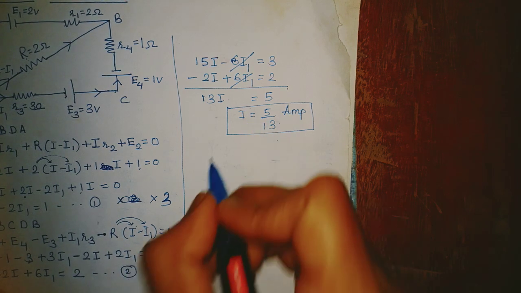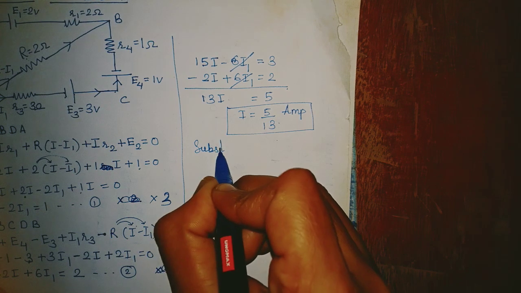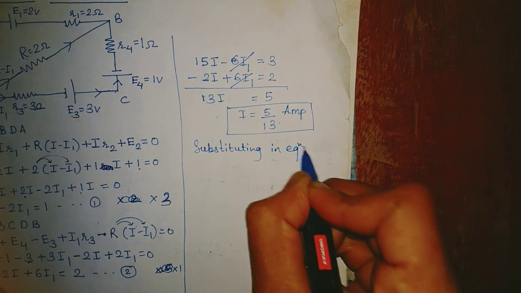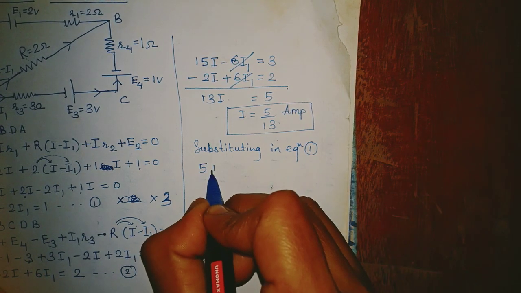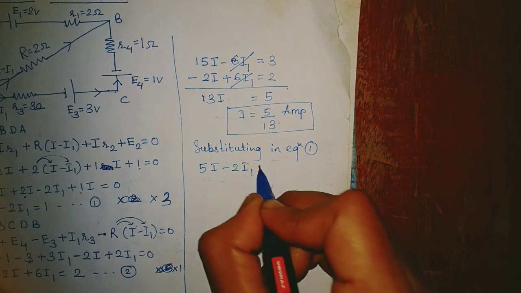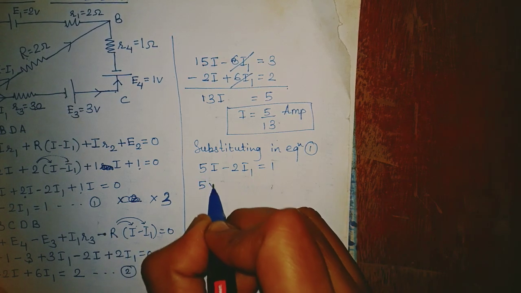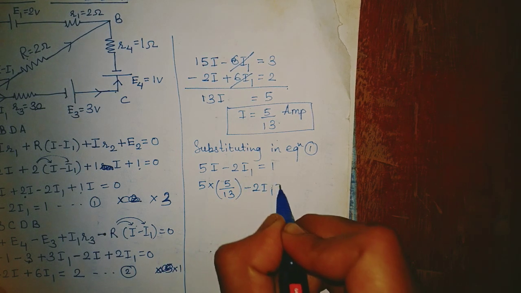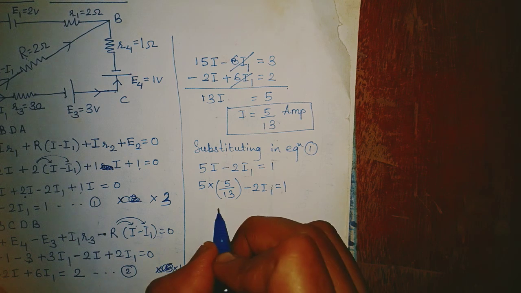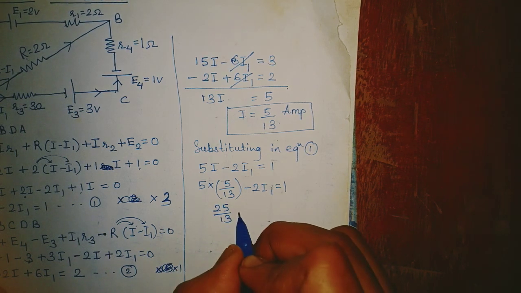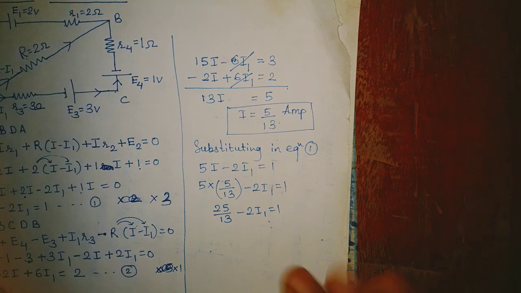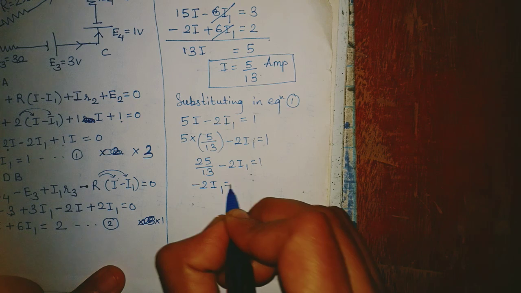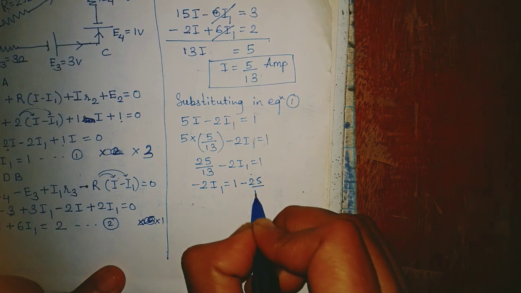I'll substitute in equation 1. So 5I minus 2I1 equal to 1. So 5 into 5 by 13, minus 2I1 equal to 1. So this will be 25 upon 13. Taking 25 upon 13 that side, you will get 1 minus 25 upon 13.